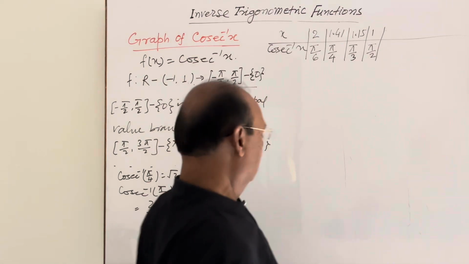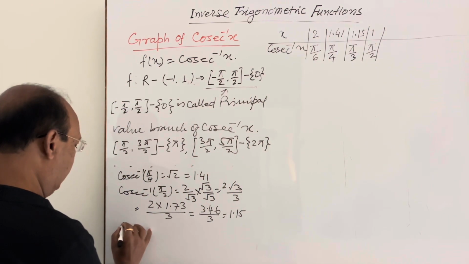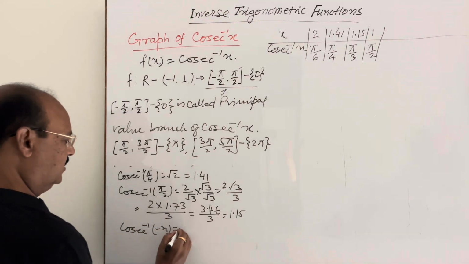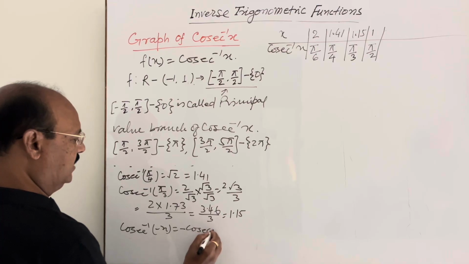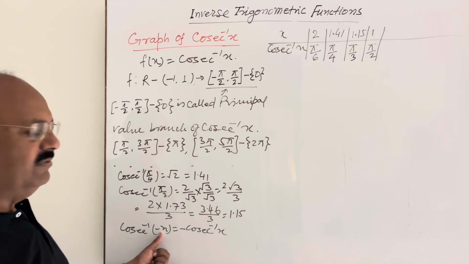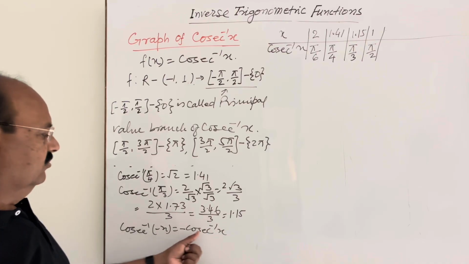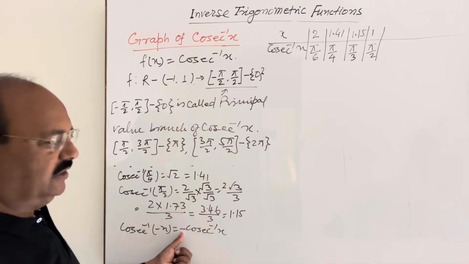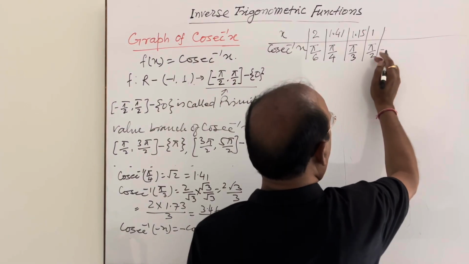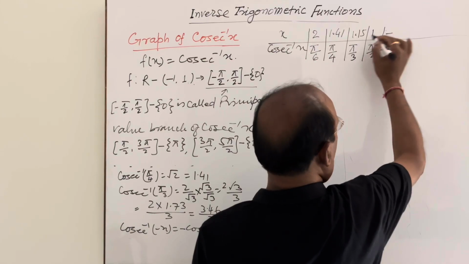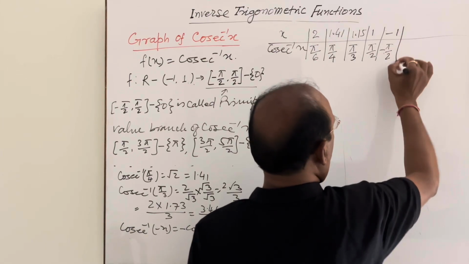Correct? And we should know that cosec inverse of minus x is equal to minus cosec inverse x. If we take negative angles, then the value will become negative. Correct? So for minus pi by 2 angle, the value of x will be minus 1.